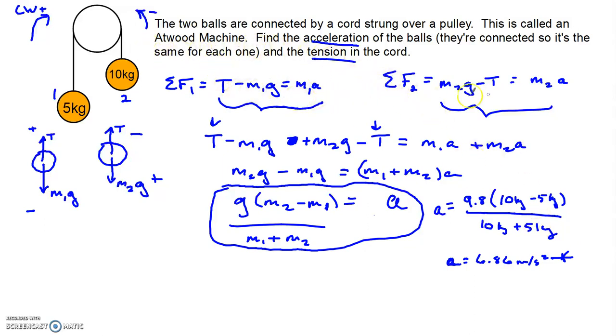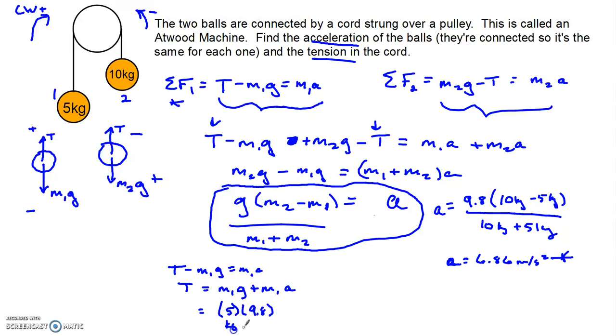I can plug things into either of these equations. I've chosen to use this one. So it's T minus M1G equals M1A. Then T equals M1G plus M1A, which will be M1 is 5 times 9.8.